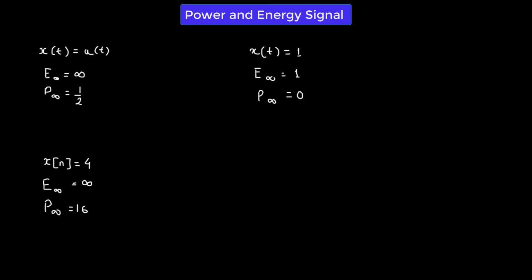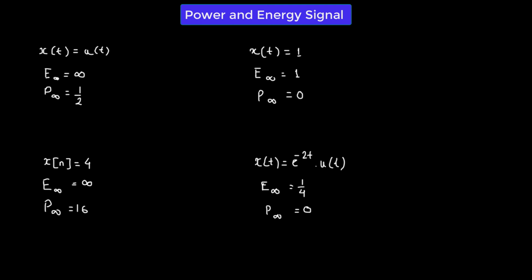In the fourth example, we considered a continuous time signal given by e raised to the power of negative 2t times the unit step function. For this function, we found that the energy value was 1/4 and its power value was 0.